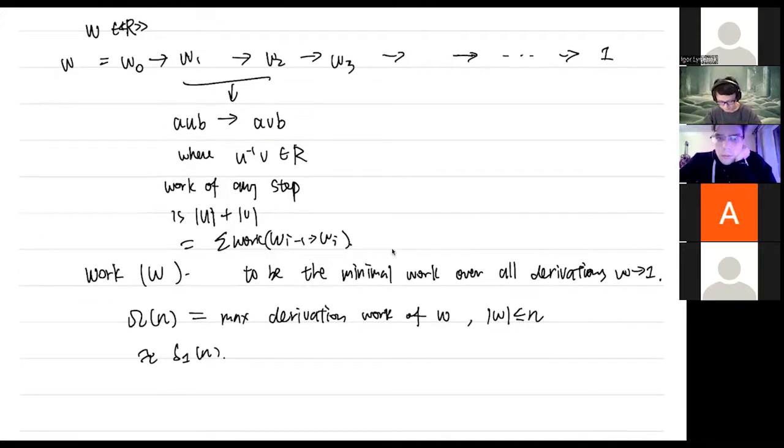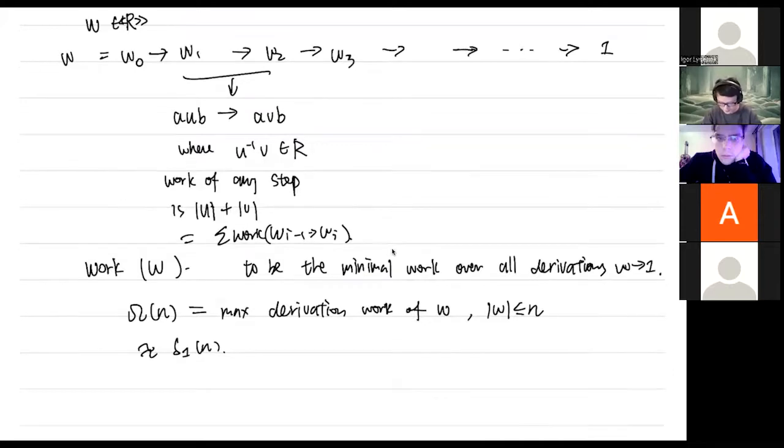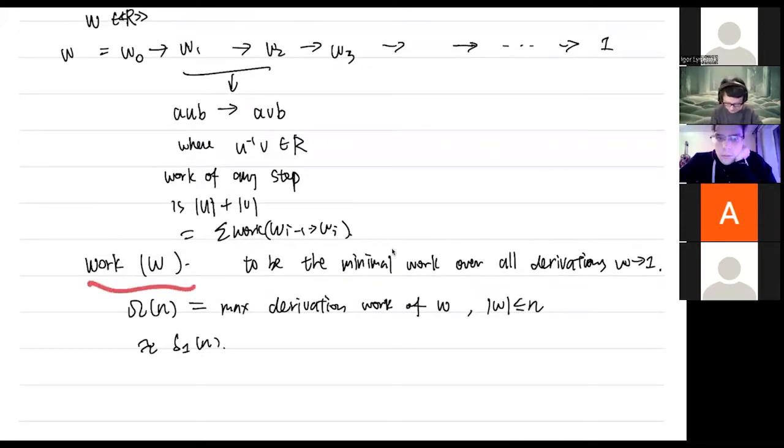So it would be interesting to consider different functions. For example, we can even consider a probability distribution on the set of relators. But this is nothing more than assigning weights to relators. So from this definition, you can tell this derivation work function is equivalent to the Dehn function.